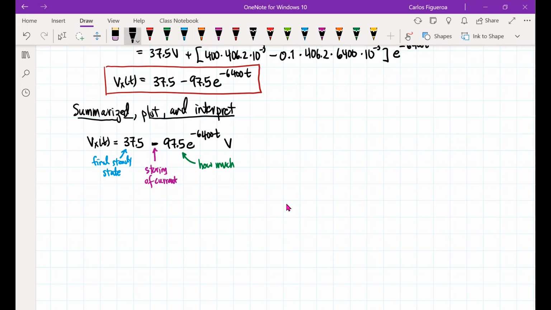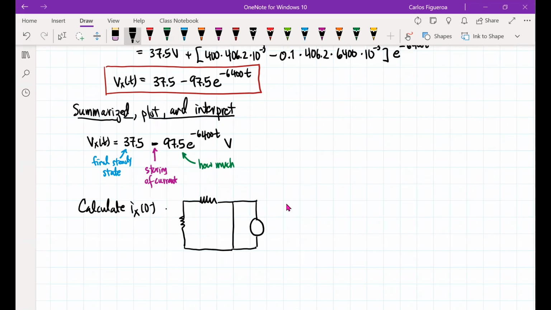So the first thing I have to do here is calculate Ix of 0 minus. If I look at my circuit at t equal to 0, here's what I see. I have a resistor here, I have a resistor here, and then I look at my short here. And then I have my current source, which is the 500 milliamps.